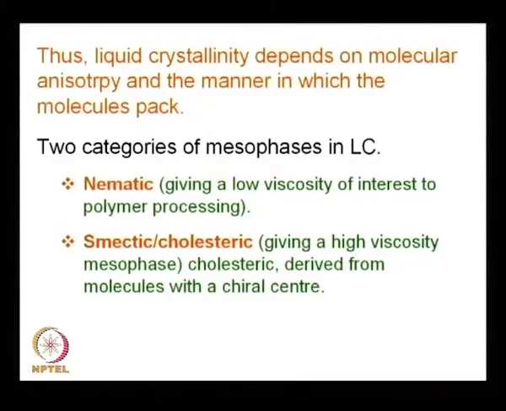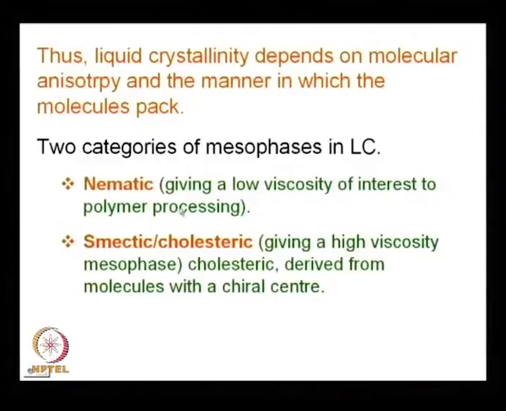Nematic gives a material of low viscosity, which is of interest in polymer processing, whereas smectic shows high viscosity either in solution or in melt condition. So, two major categories of liquid crystalline polymers are nematic phases or smectic or cholesteric phases.